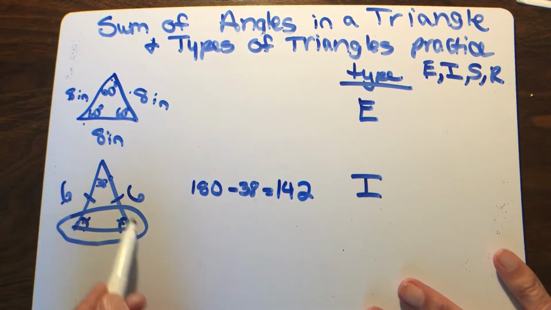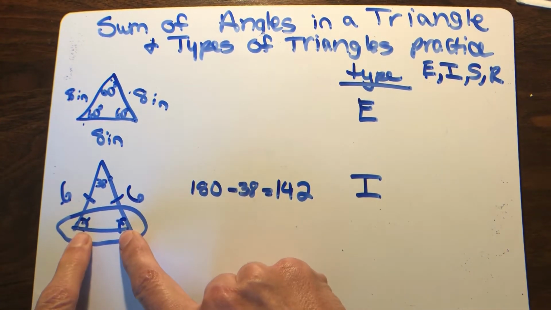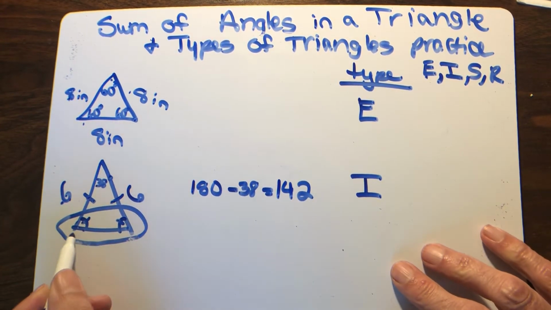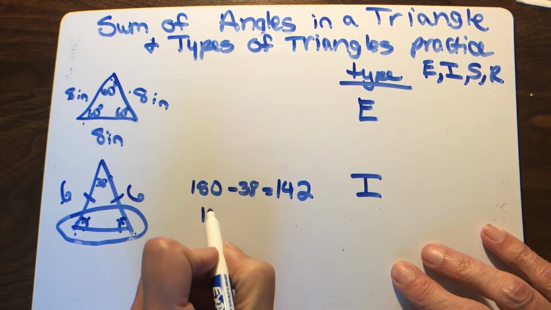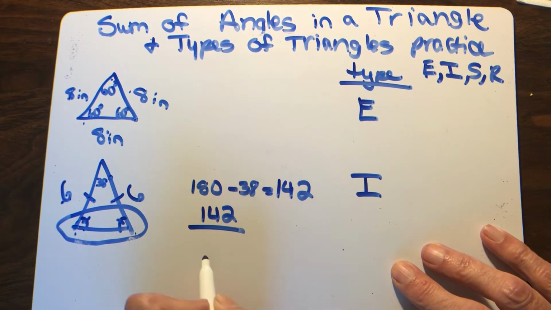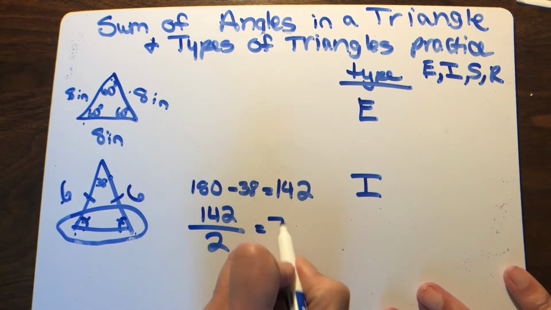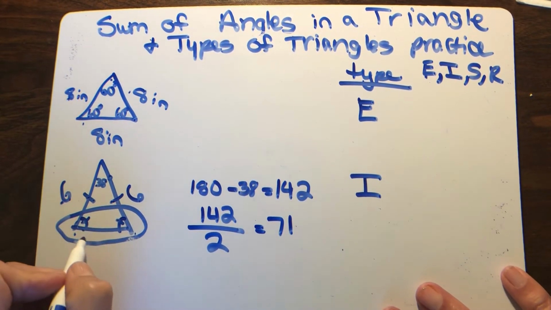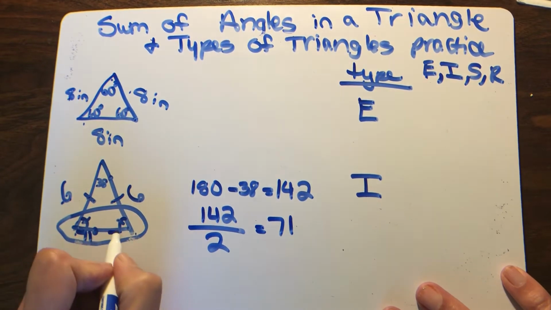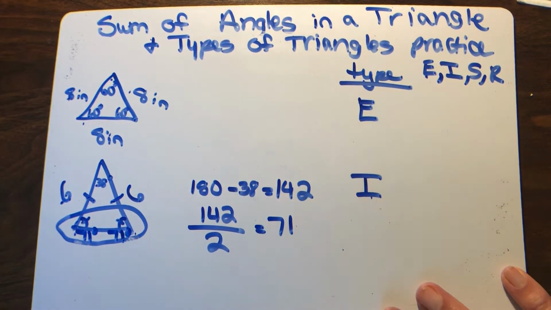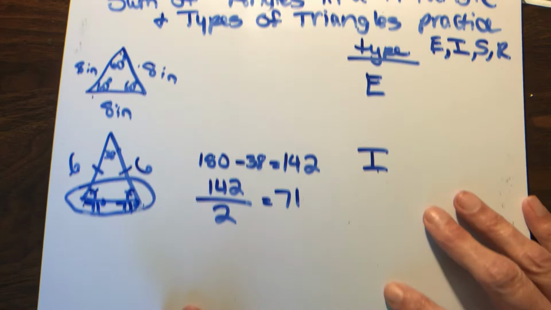Now, that's for those 2 together, but what do you know about those 2 angles? They're both equal. So how are you going to find each one individually? You're going to take 142 and divide it by 2. So 142 divided by 2 gives you 71. So each one of these angles is 71 degrees. So it's an isosceles and each one is 71.